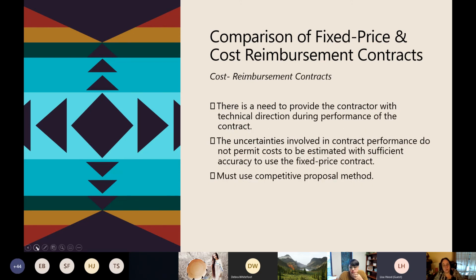In a cost reimbursement contract, there is a need to provide the contractor with technical direction during the performance of that contract. The uncertainties involved in contract performance do not permit costs to be estimated with sufficient accuracy to use a fixed price contract, and you have to use a competitive proposal method.